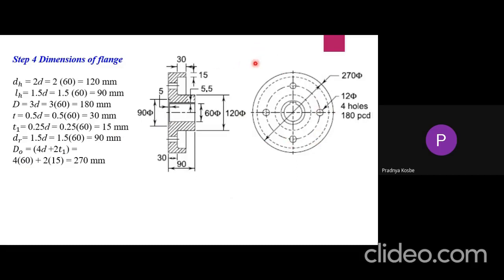It is equal to 4d plus 2T1. So that is 4 into 60 plus 15 into 2, that is 270 mm. So this is the outer diameter of the flange. All the dimensions are shown in this figure for the flange.